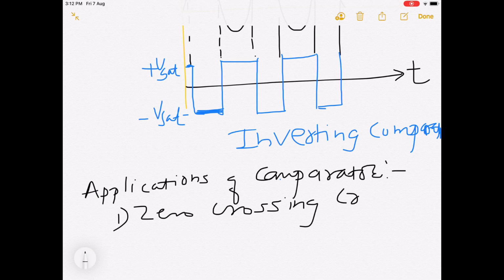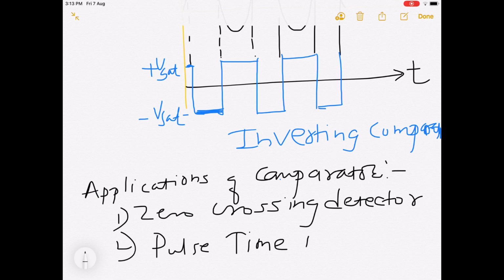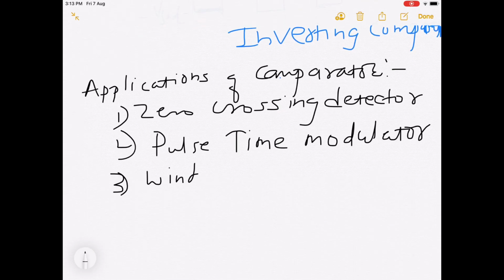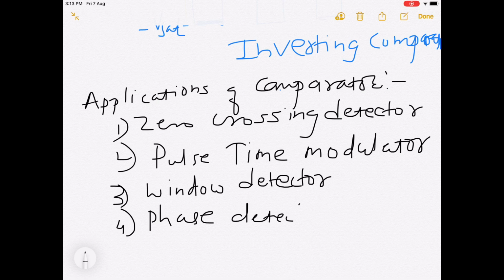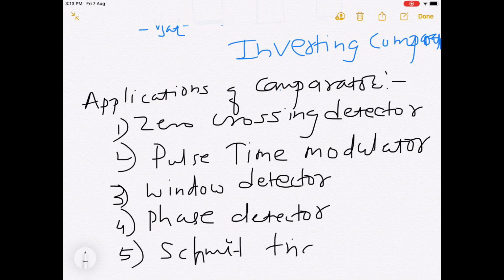Second application is pulse width modulator or pulse time modulator, then window detector, then phase detector, then Schmitt trigger. So, these are the applications of comparator.